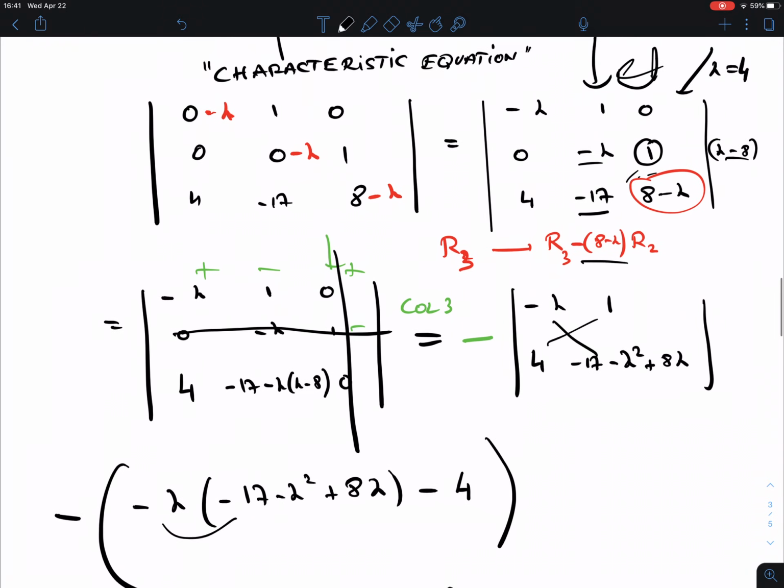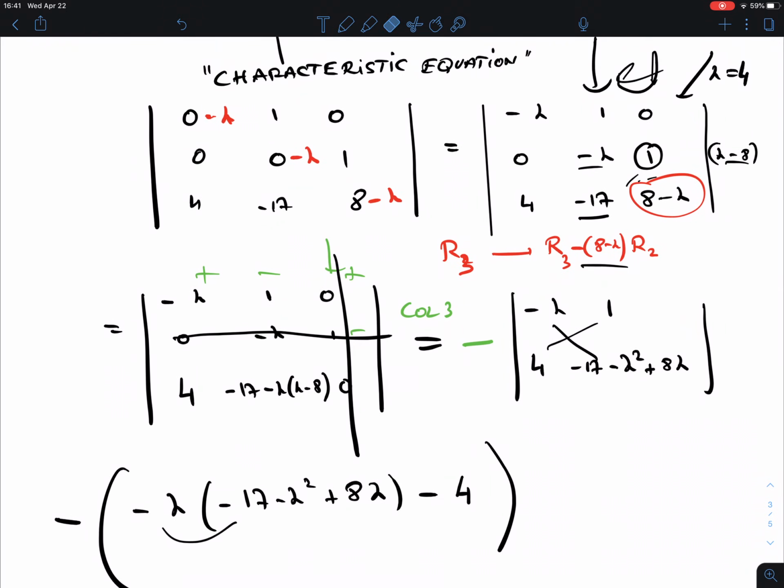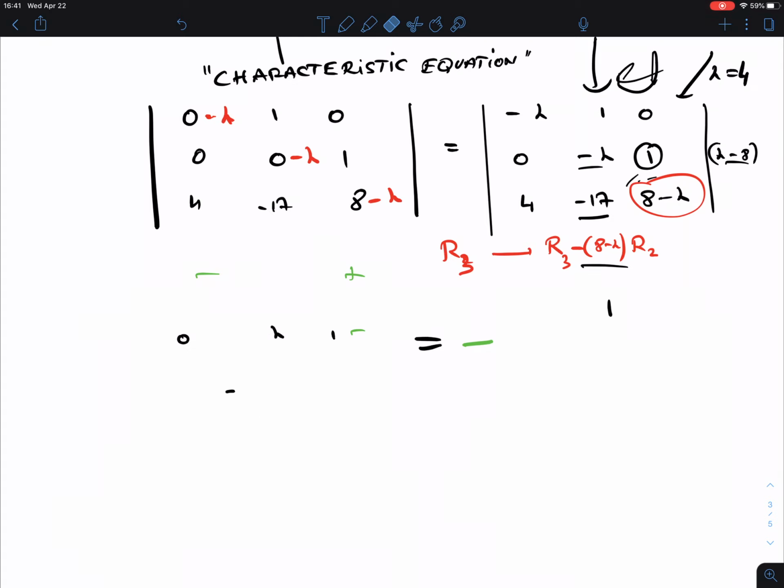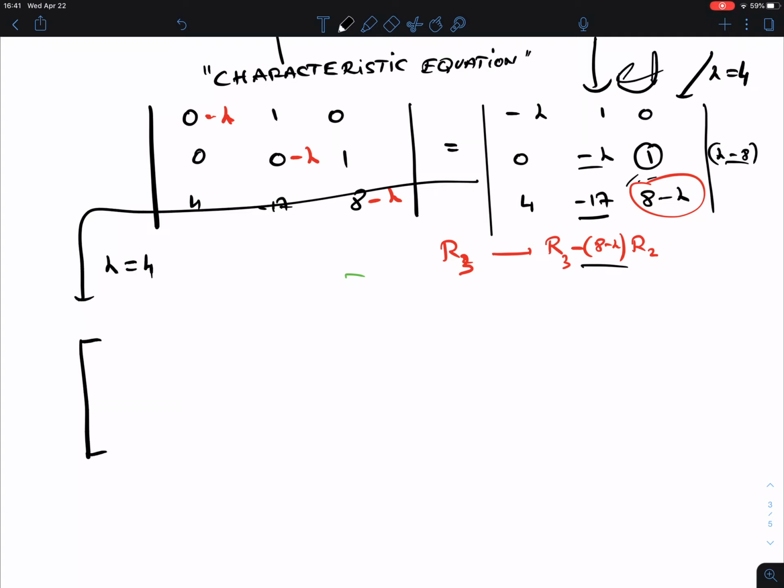So this would be what? I'm going to have to erase things, otherwise I'm going to mess up. All right, so I'm going to put lambda equals 4 in here. What do we get? Well, let me write it as a matrix now.